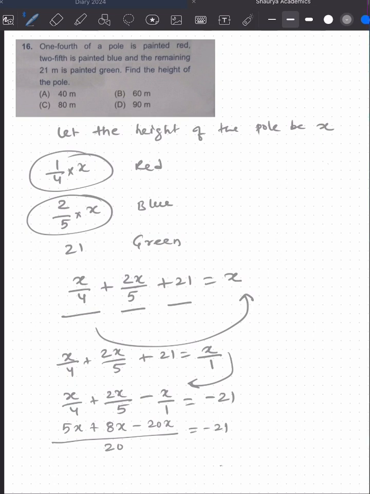So 5 plus 8, 13x minus 20x, 13x minus 20x is equal to minus 21 into 20.